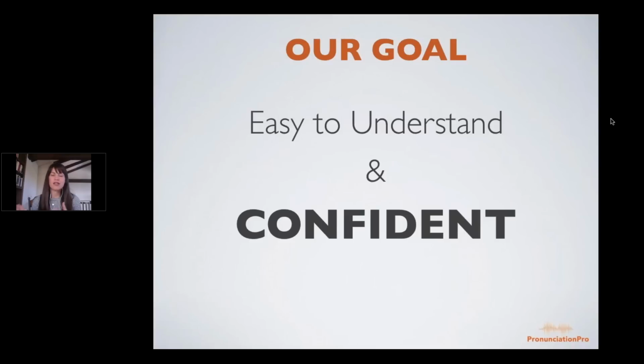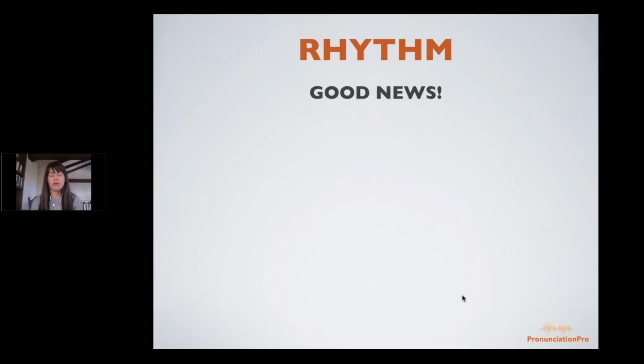In learning to really accomplish this goal, we have to know the sounds of English and use those correctly. You have to use the rhythm of English correctly. All right. When you have those two working for you, that's what creates that confidence. That's what creates that ease of communication. That's what creates that native sound. So let's go through these two areas in more detail.